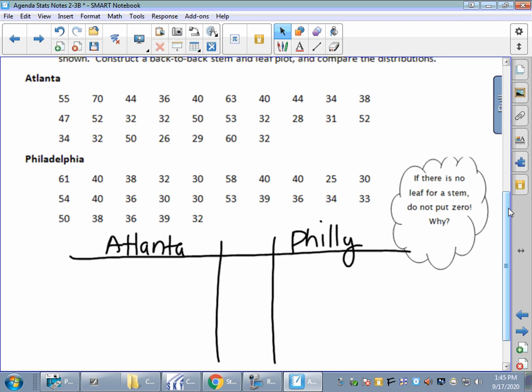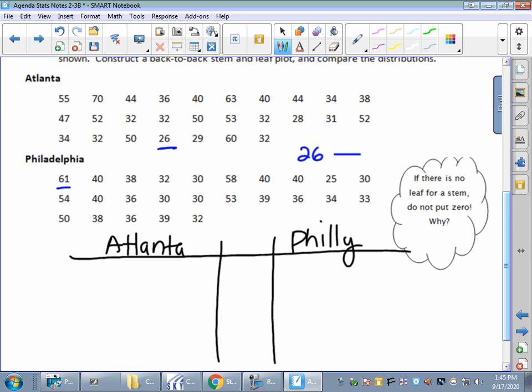So what do we have as far as stems? My lowest data, oh gosh, I see 30s, I see 20s, 26 is my lowest piece of data between both of them, all the way up to, I see a 61.